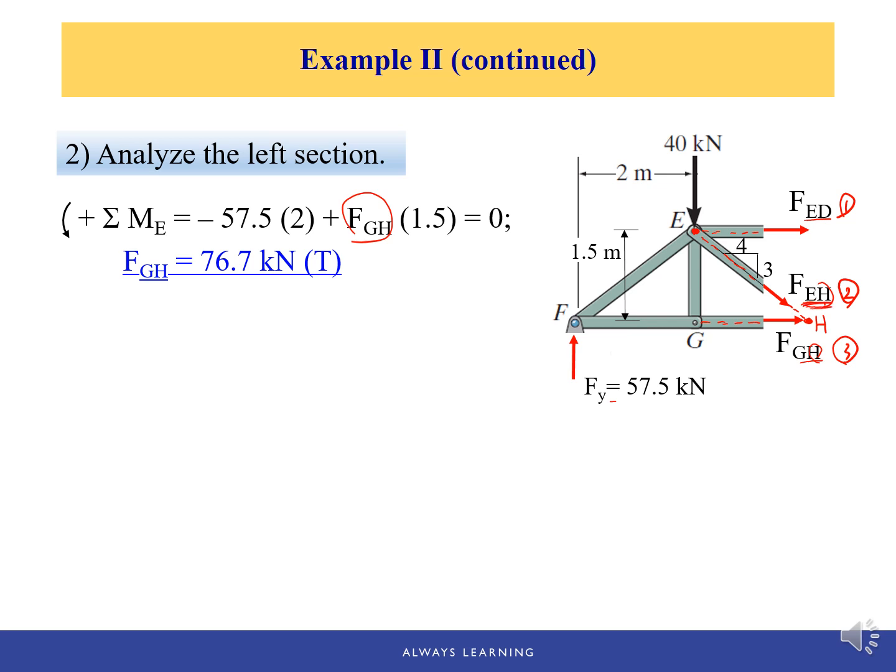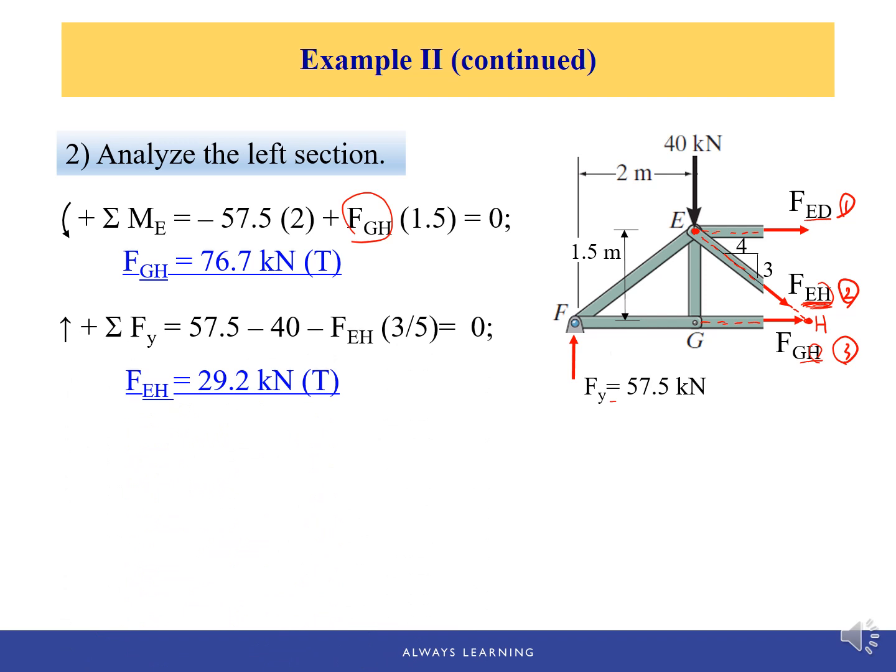So if we write the Fy equation, the only unknown in this equation will be FEH. Again, ED and GH, all of the forces are in the x direction only. And FEH is solved to be 29.2 kilonewton, which is also in tension.